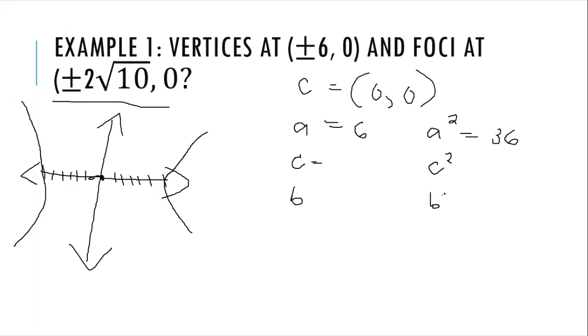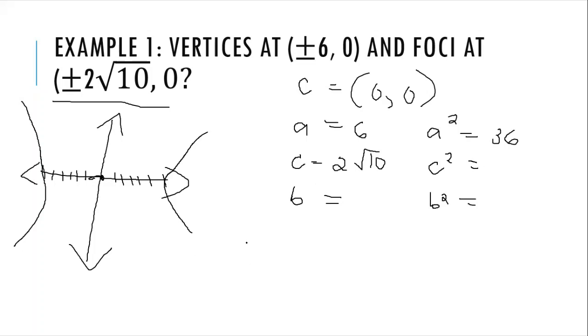So, hindi po given si co-vertices. Our foci is positive or negative 2 square root of 10. Okay po, given po si a, given din po si c.